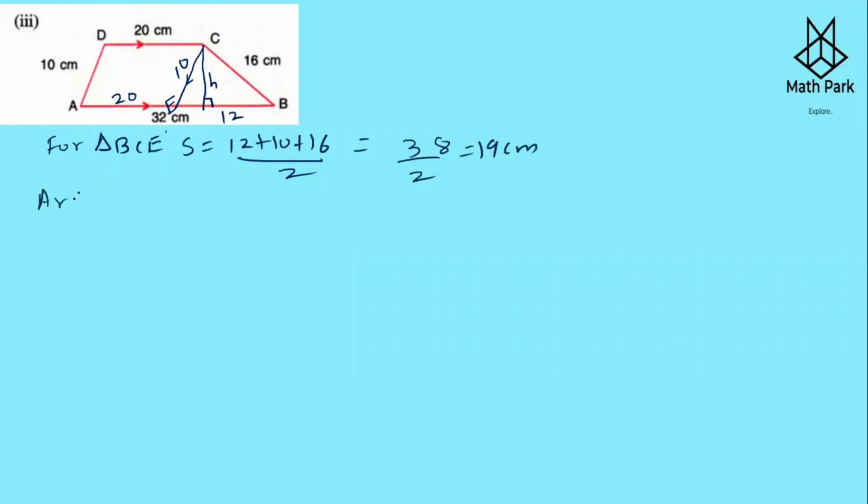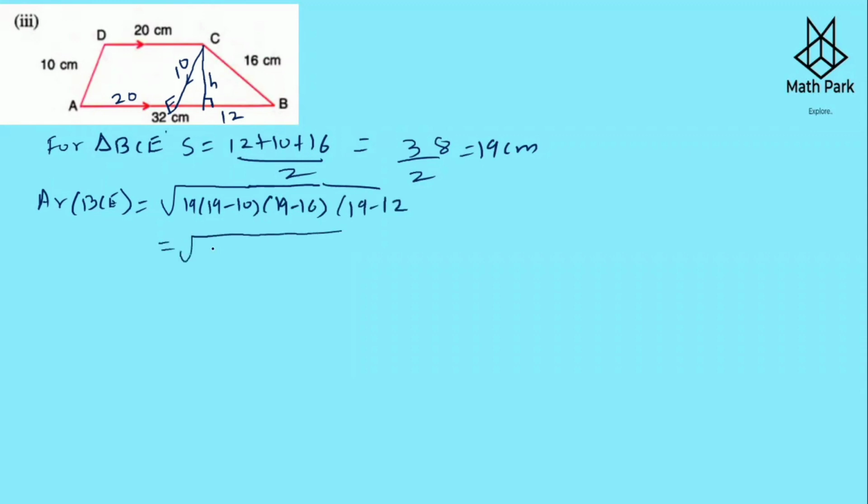So area of triangle BCE is equal to square root of S bracket S minus A, 19 in bracket 19 minus 10, 19 minus 16, 19 minus 12. So we get this as square root of 19. 19 minus 10 is 9. 19 minus 16 is 3.